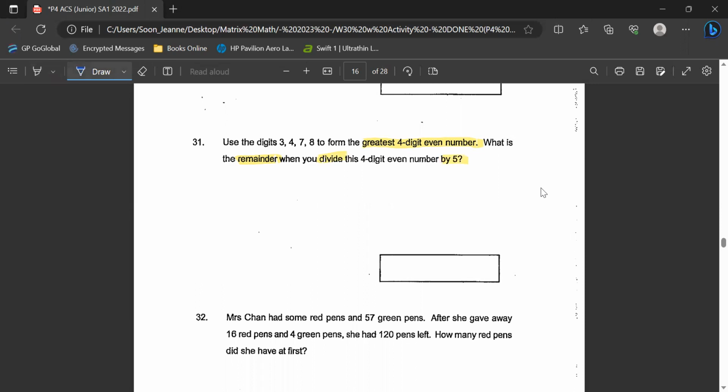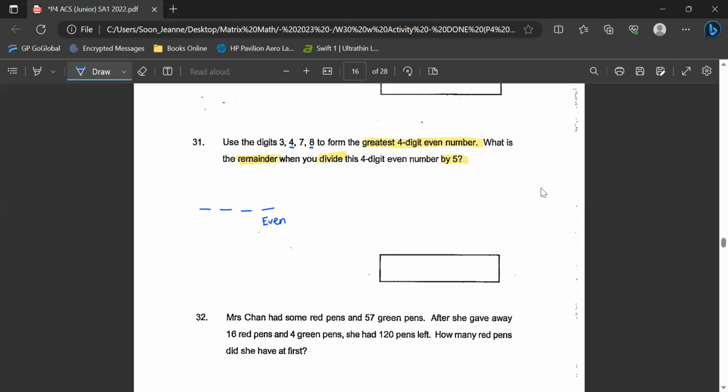So first, we need to find out what that 4-digit even number is. So we will have 4 digits, so I'm going to draw 4 lines. And I'm going to put an "even" word here so that I know that my number must end with an even number. So if you look at these 4 numbers given, 4 and 8 are the even numbers, whereas 3 and 7 are odd numbers.